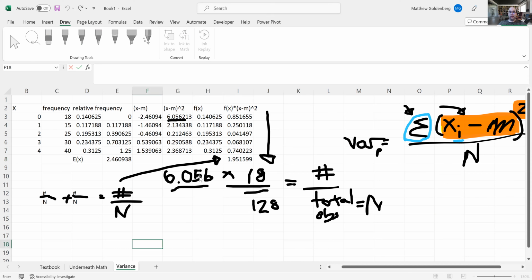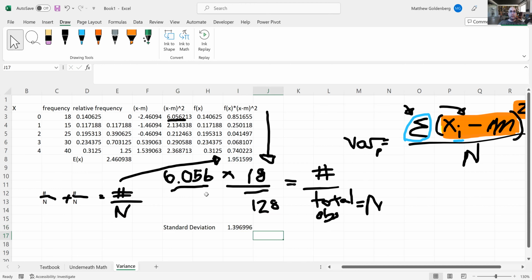You're adding together the deviance 18 times, the deviance 15 times, deviance 25 times, and so forth. So this 1.95 number is your variance. And then to take its standard deviation, remember from previous videos, it's just the root of the variance. So standard deviation is just going to be the square root of that 1.95 number.